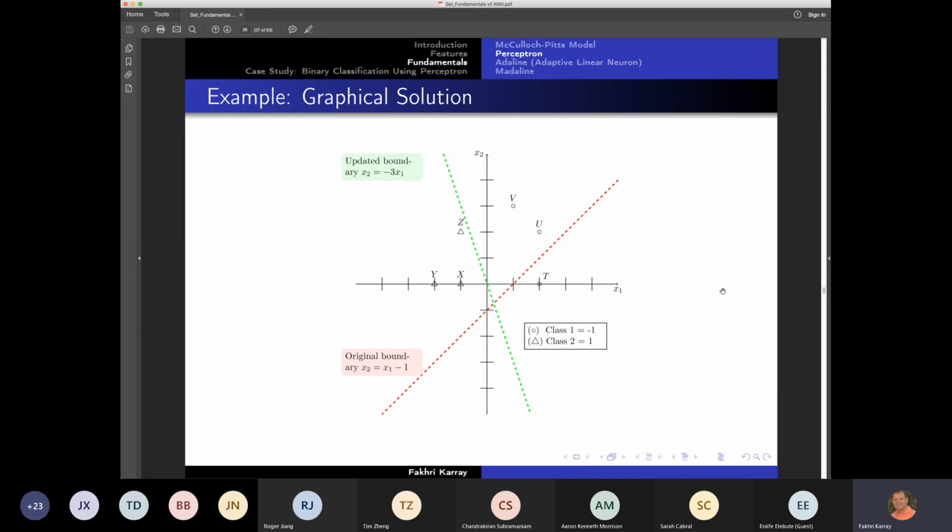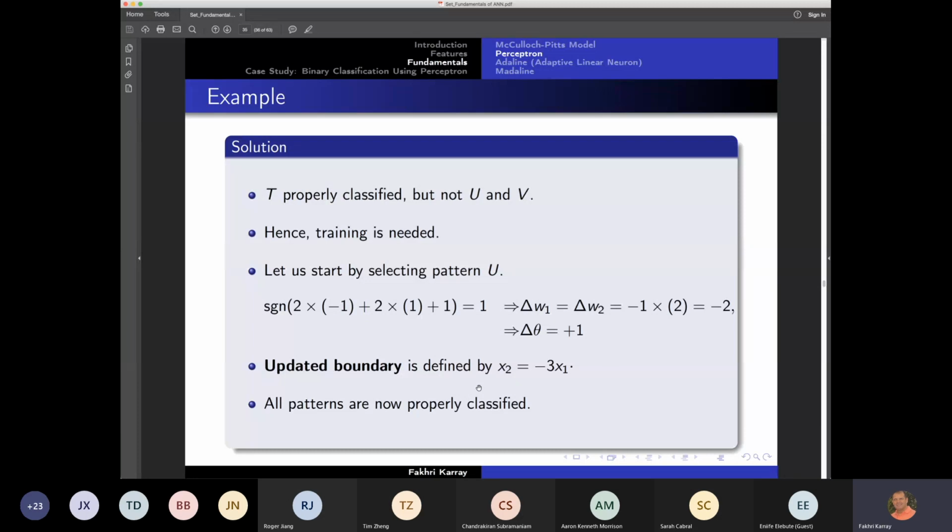So for this particular example, to make it short, we have this particular boundary. Now, if we check whether Z belongs to the second class or whether VU belongs to one class, we can apply the value of omegas, omega 1, omega 2, and the value of theta, and we found that they have satisfied the well-classified version of this particular system.